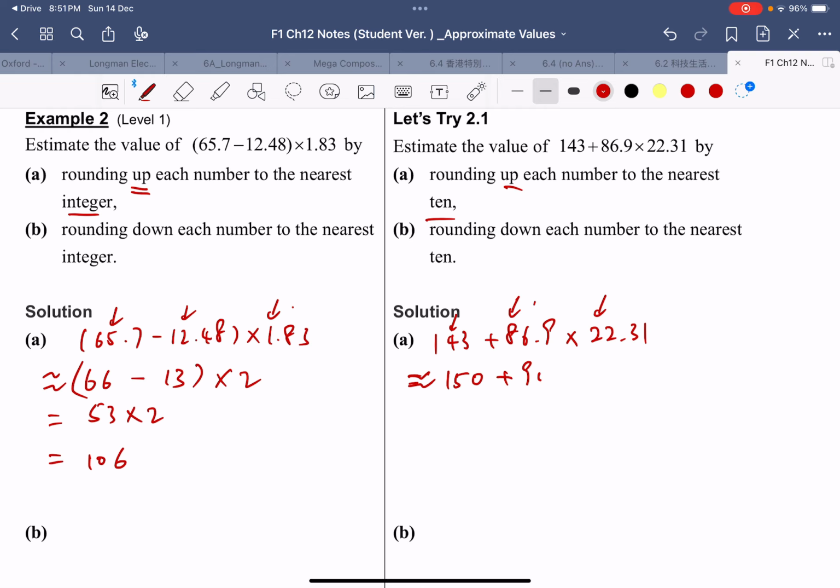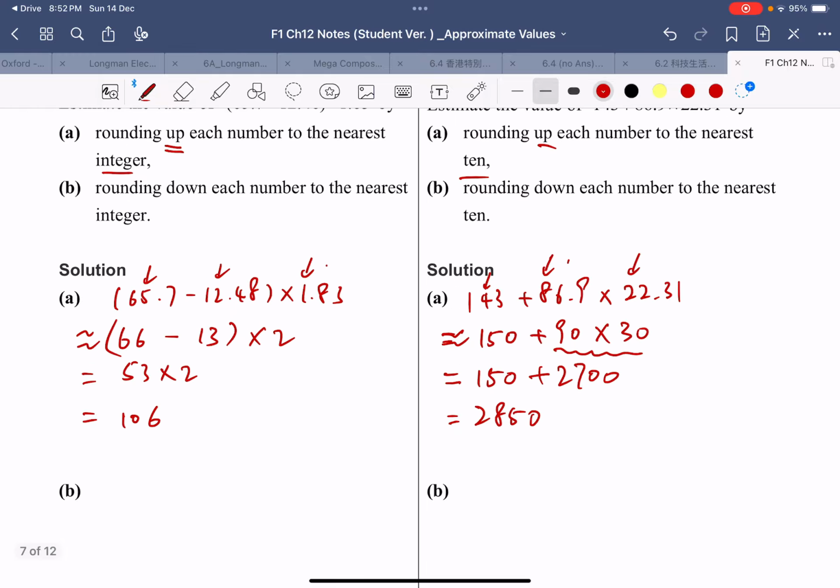Go up, 30. Equal to, you do this part first, okay? Add up. That's it. Easy, right?